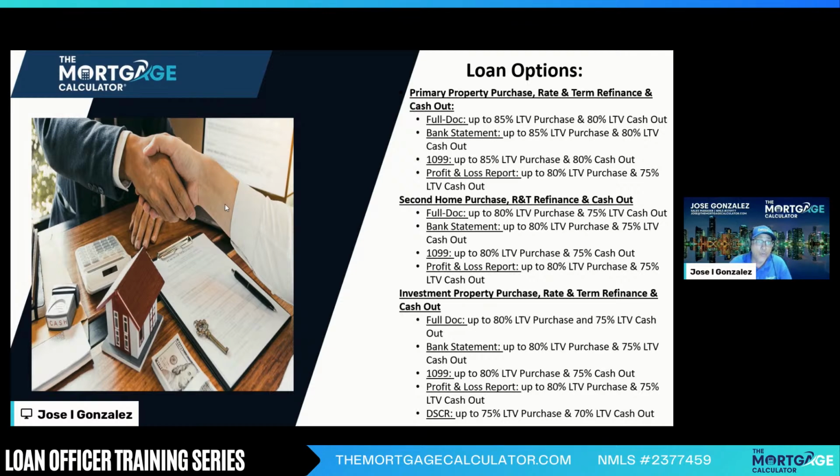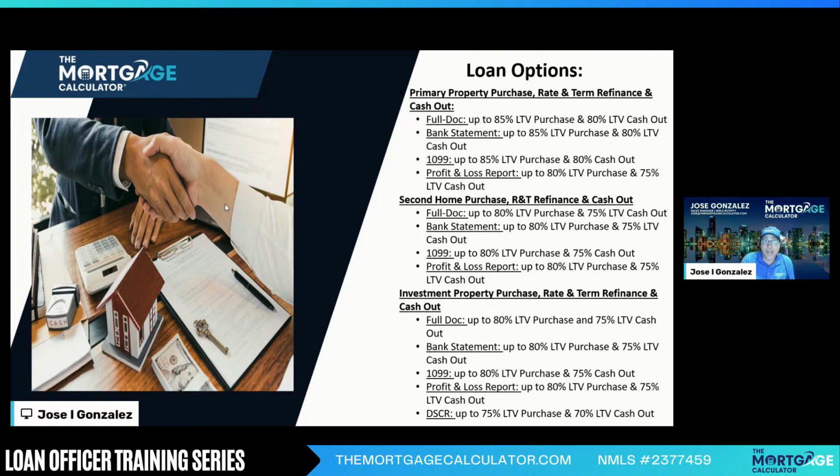Now, second homes, your LTV is typically dropping 5% for all the options across the board. So full doc, 80% LTV purchase, 75% cash out. Bank statement, 80% purchase, 75% cash out. 1099, remember, that's a great option, where we can use up to 90% of the income on the 1099 to qualify the borrower.